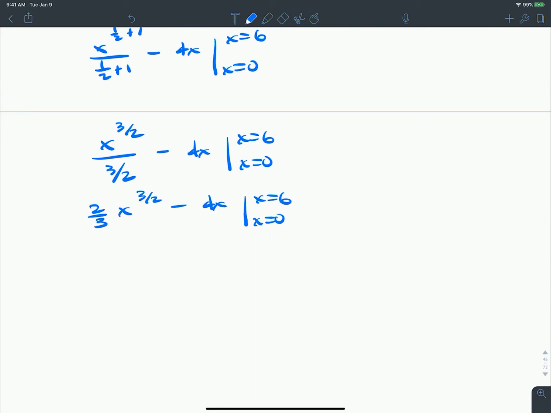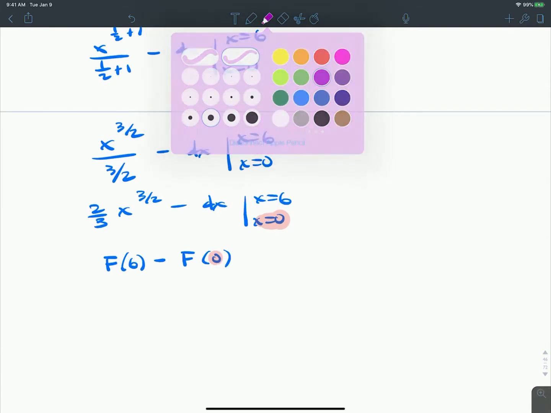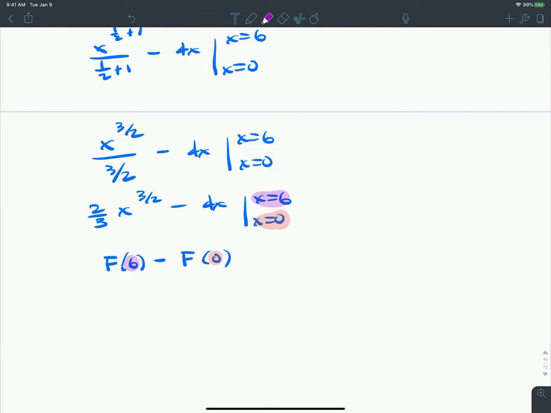Okay. So remember here, what we're going to have to do now is, by the fundamental theorem of calculus part 2, evaluate the antiderivatives at the values of 0 here and 6 over here.